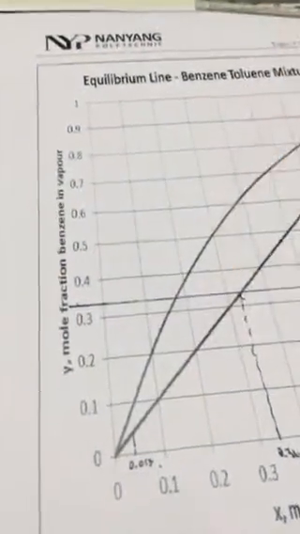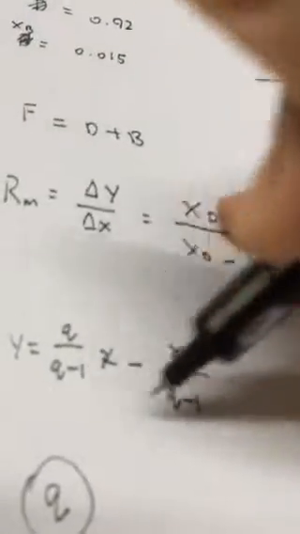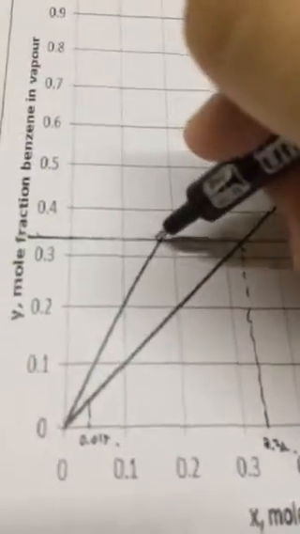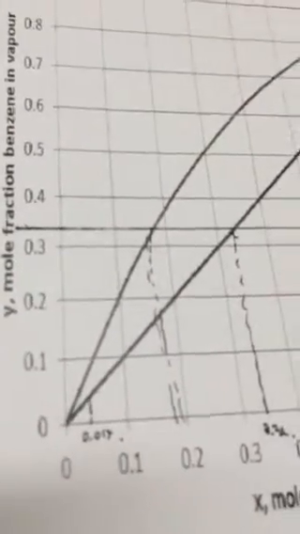To find your y prime, we go back to this equation for the minimal reflux. You know it's at 0.32 using your Q-line equation. And for your x prime, you hit down here, about 0.8. Sorry for my ugly handwriting.